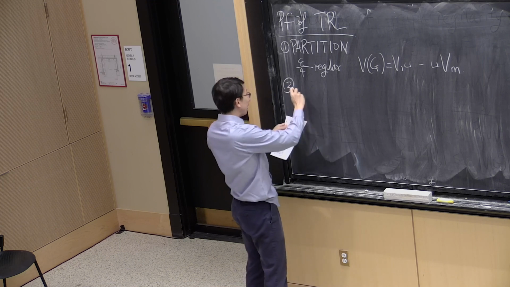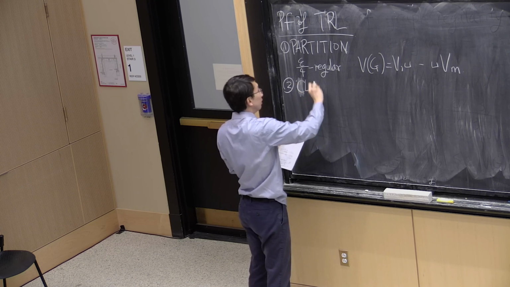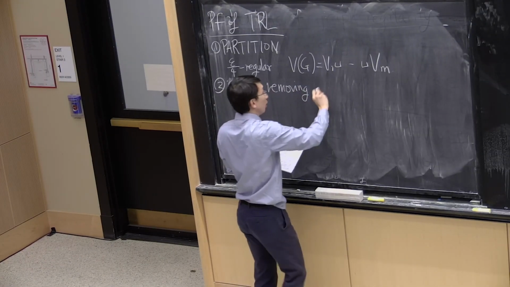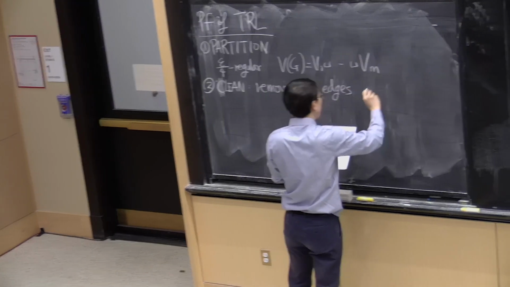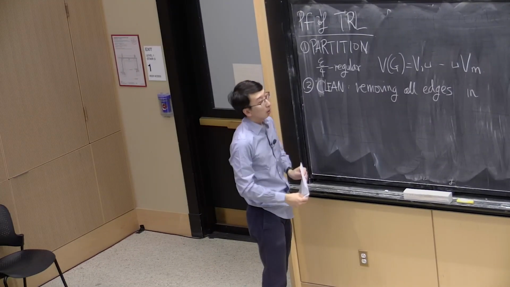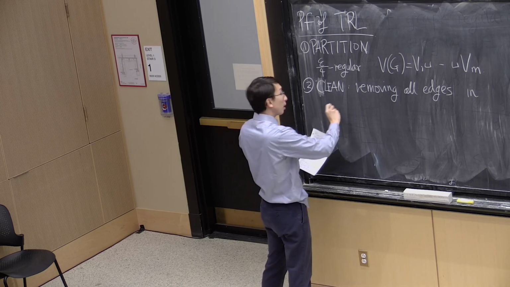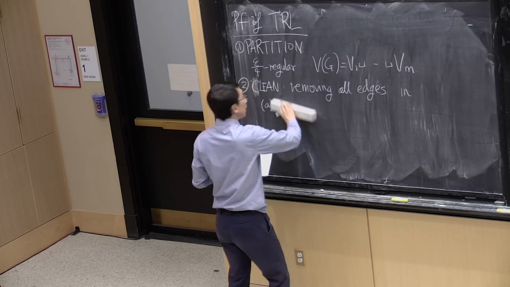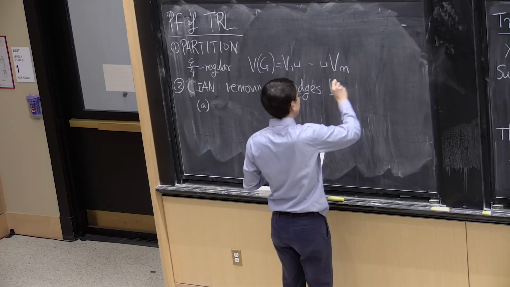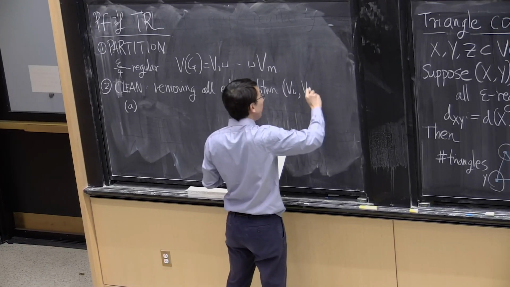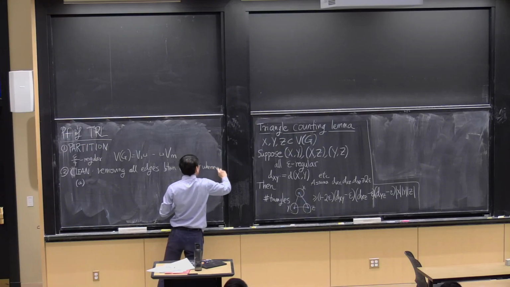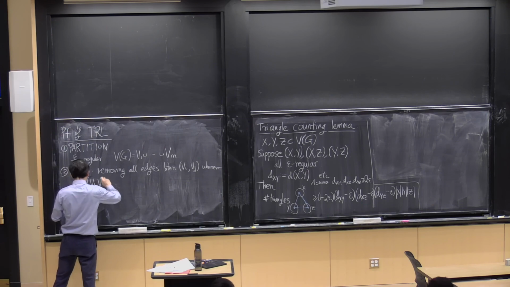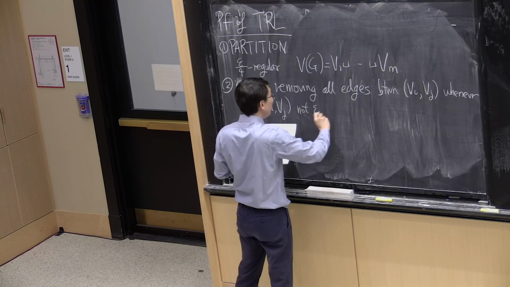In the second step, let's clean the graph by removing all edges between Vi and Vj whenever Vi and Vj is not epsilon regular.